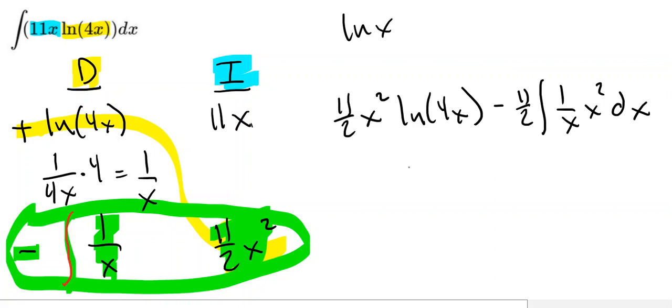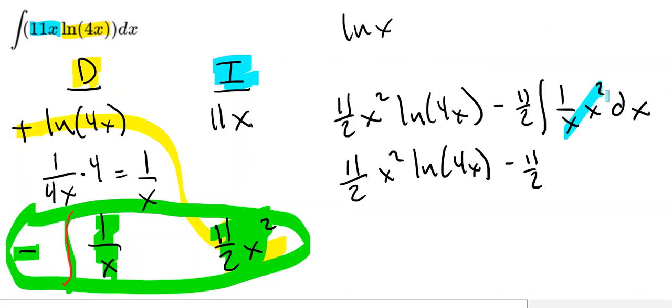So now we actually have to do some integrating. Unlike doing integration by parts with the tabular method with exponential and algebraic terms, with a logarithmic term, we just have to do one simple little integration here. So let's bring this part down. And now we're going to have 11 halves. And so the x squareds, these cancel, leaving you just an x.